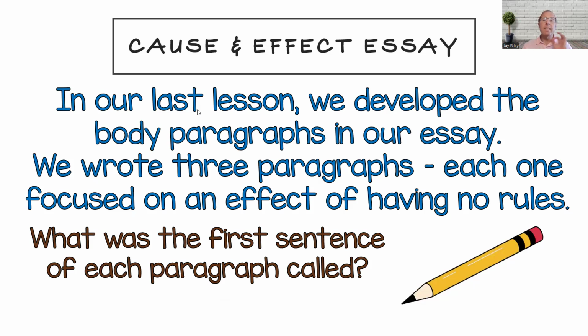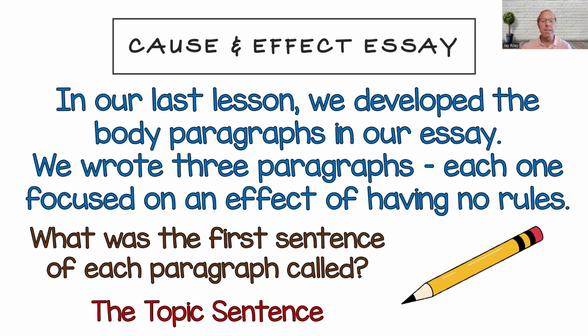The first sentence in each of the body paragraphs is going to highlight exactly what that effect is. Since we've got 3 body paragraphs, each body paragraph has one first sentence that says what that effect is, and that is called the topic sentence because it tells us the topic of the paragraph.